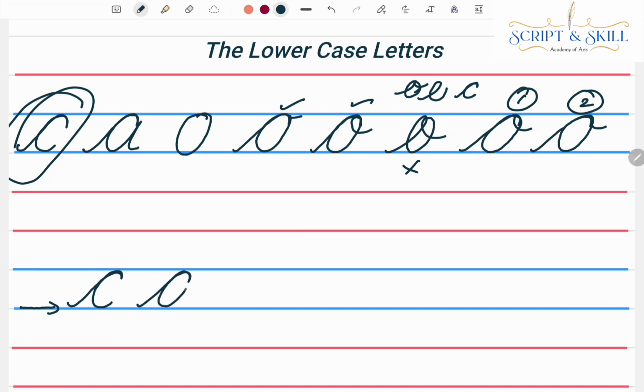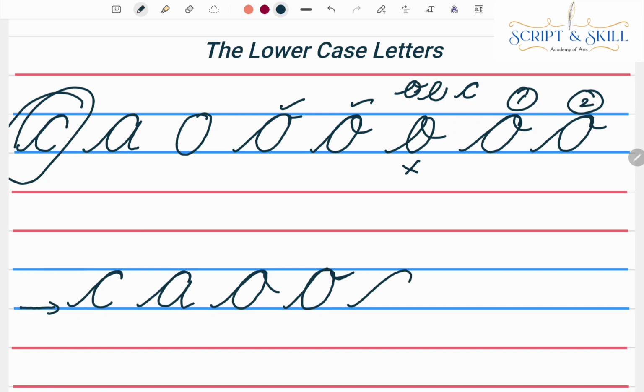C, A, and now the letter O. But since O is floating on top, you can bring it down like this so that it will be easier for you to connect it with the next one. But you can also do it as an individual letter, it's okay to practice it like that.